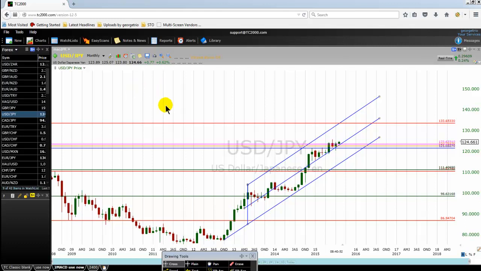Alright? So the first thing to know when I'm trading the dollar yen is that it can be a little bit tricky for traders to trade because of the hedging activity in the Forex market. Some traders are selling another currency pair and will just go and buy the dollar yen to hedge their positions.